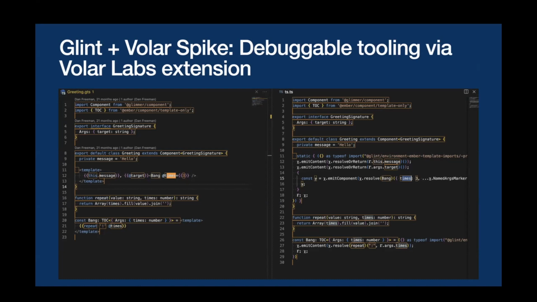So to implement GTS files, this is kind of getting in the weeds a little bit, you have your raw GTS file on the left, and on the right you have the IR format, intermediate representation. This is the thing that internally Glint is passing to TypeScript for type checking, and ultimately is how Glint is able to come up with errors and warnings and completions, just reusing the TypeScript service and then mapping it back to completions and hover and whatnot on your GTS file.